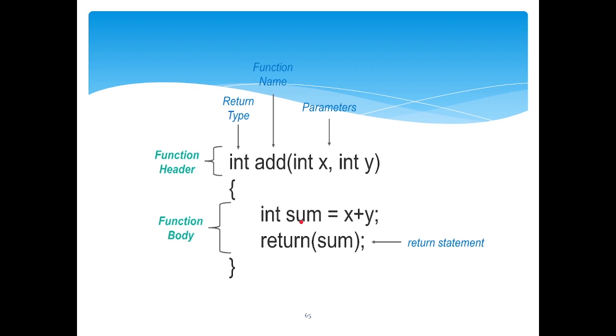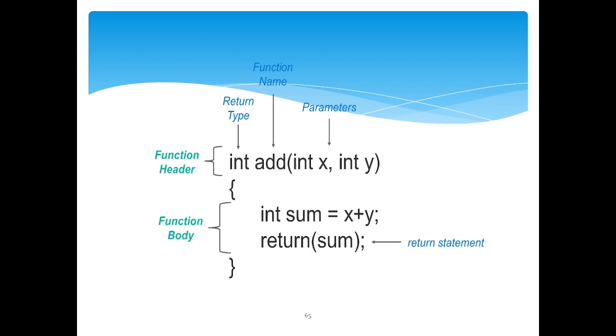Again, I am telling what the use of this return statement is: you have two aspects, function definition and function call. When you call a function, that function must hold some value. That value will be returned by this function definition. That is the use of function definition and call. And you will be having declaration.